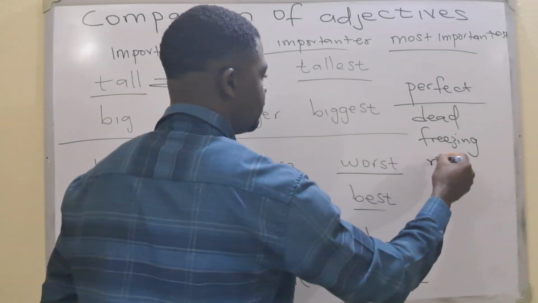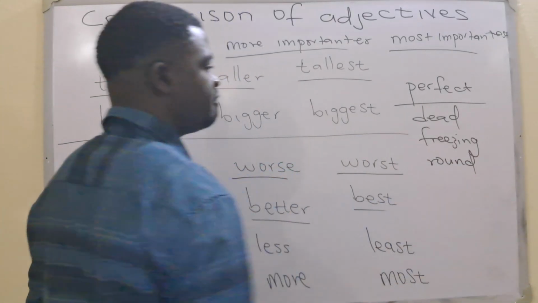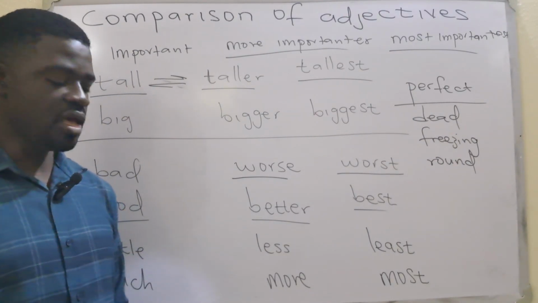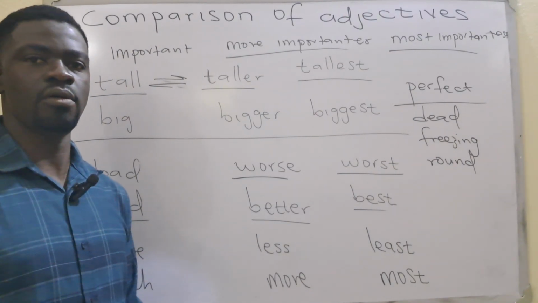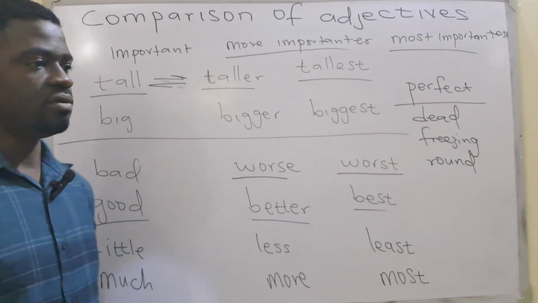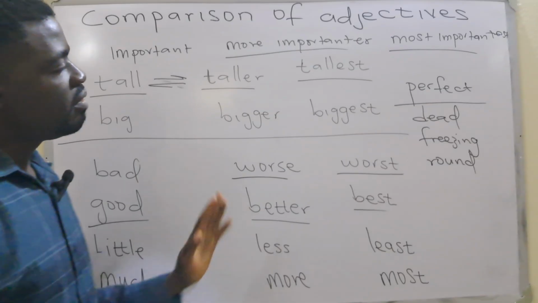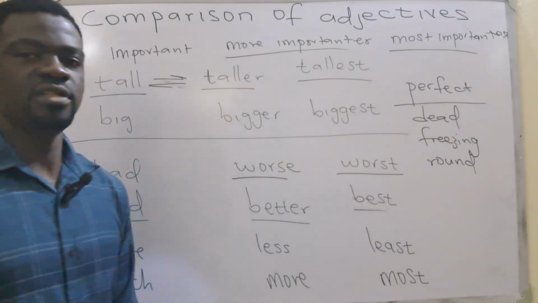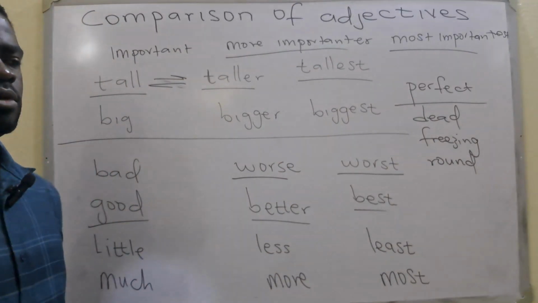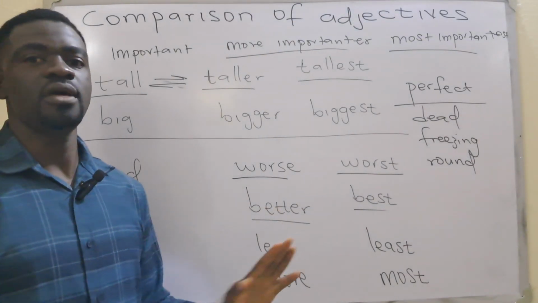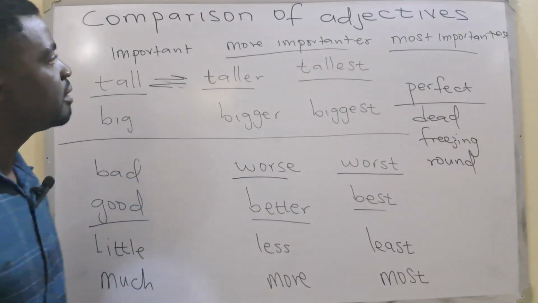Round, yes, round. If something is round, then it's round. It cannot be more round or most round. Round is perfect. So there are a couple of adjectives like that. You cannot grade them, and they are called absolute adjectives.